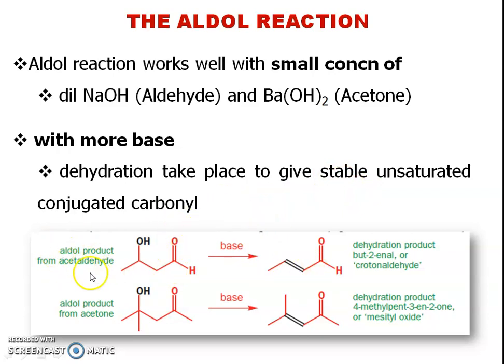For example, this is the aldol product from acetaldehyde. In the presence of a high concentration of base, it gives a dehydrated product that is called crotonaldehyde. If you are using acetone aldol in the presence of excess base, it also gives a dehydrated product. That means it undergoes dehydration like this, and in the case of acetone, it gives mesityl oxide. This is the mesityl oxide.